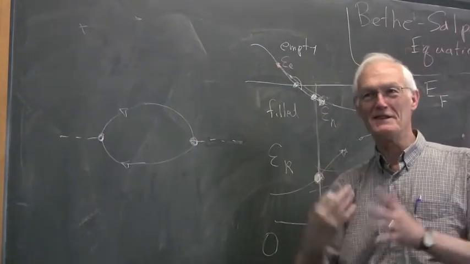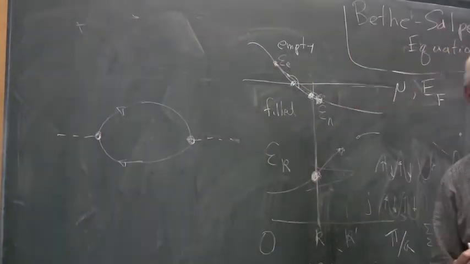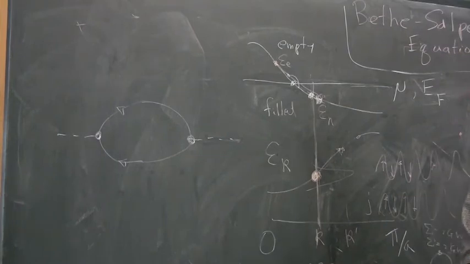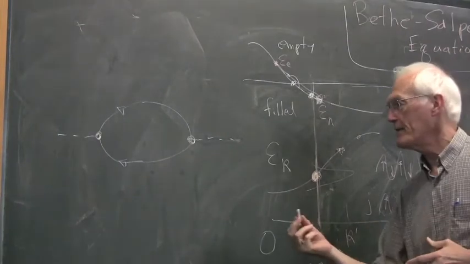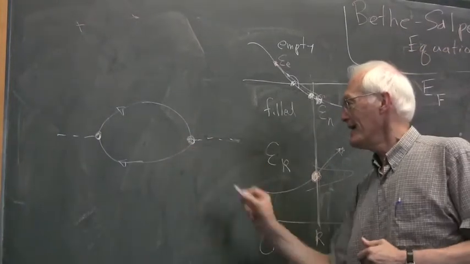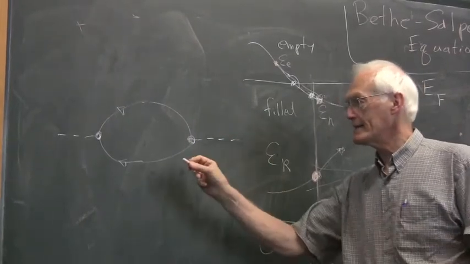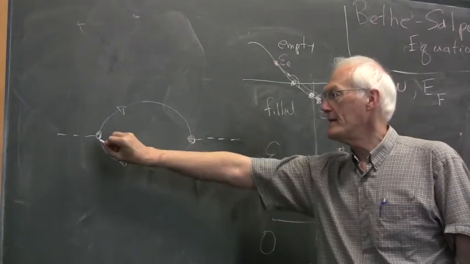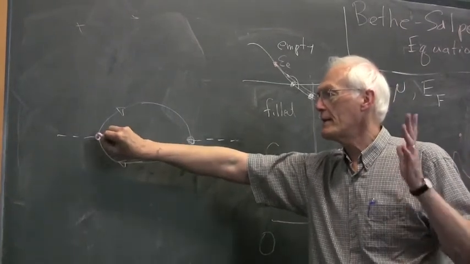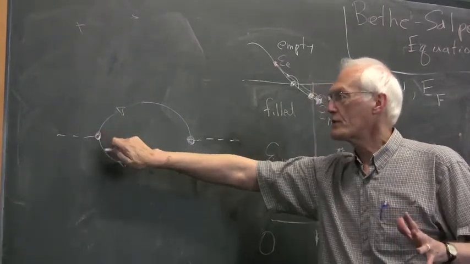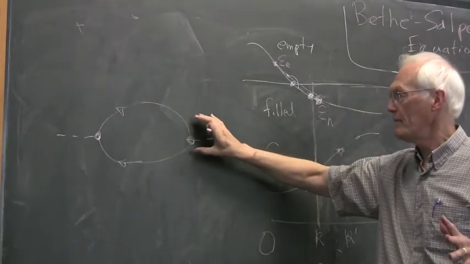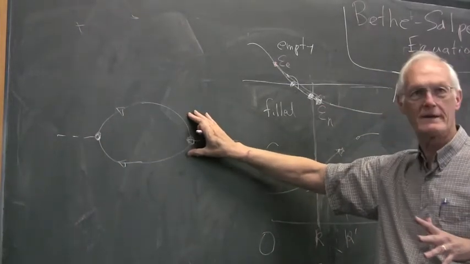Already the very zeroth order thing about the diagrams, I found confusing at first. But this thing is called a bubble. It is a screening term, and it says that the electric field is screened by the electrons.